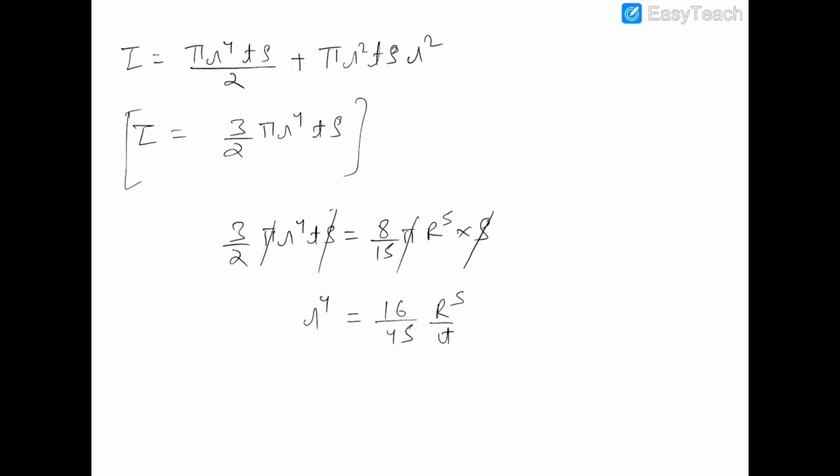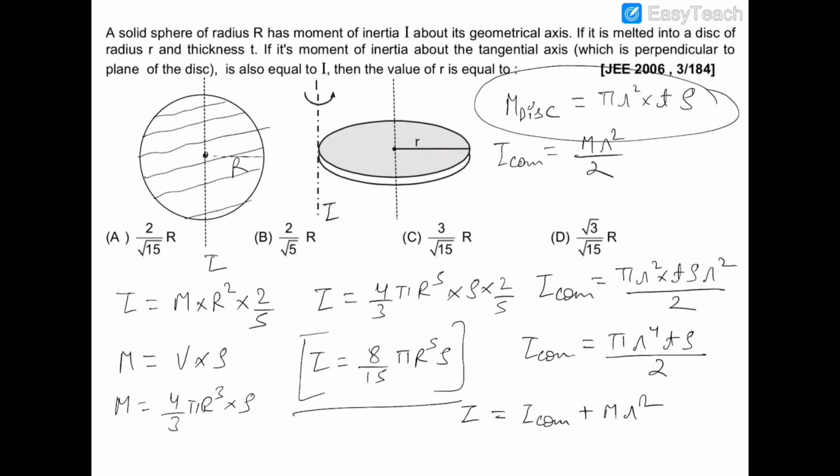Now we find out the relationship between this t and capital R and small r by equating the volume. So we know that the volume of the sphere is equal to the volume of this disk, because the sphere is itself melted into the disk.